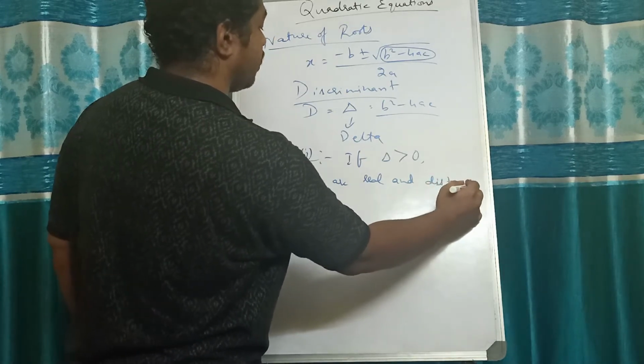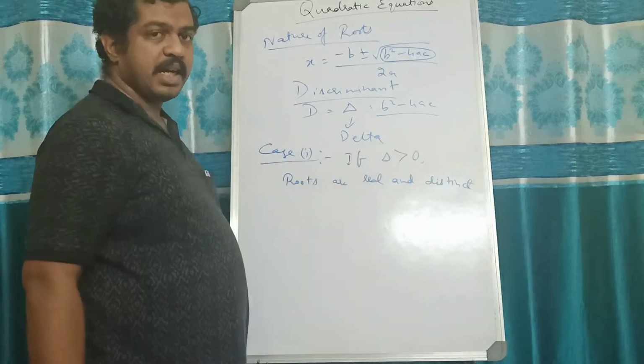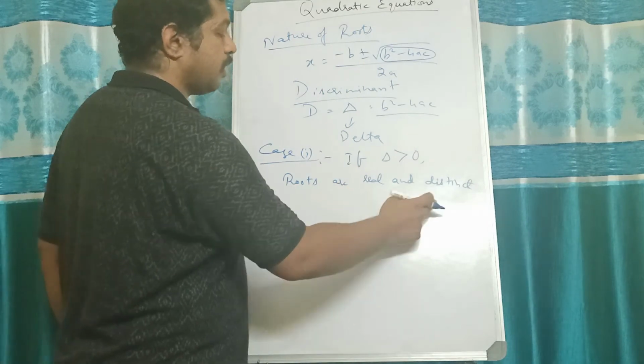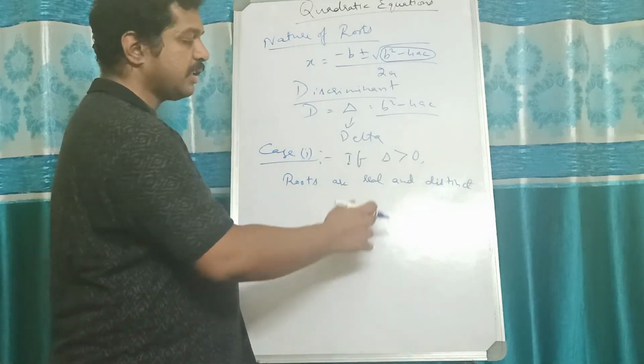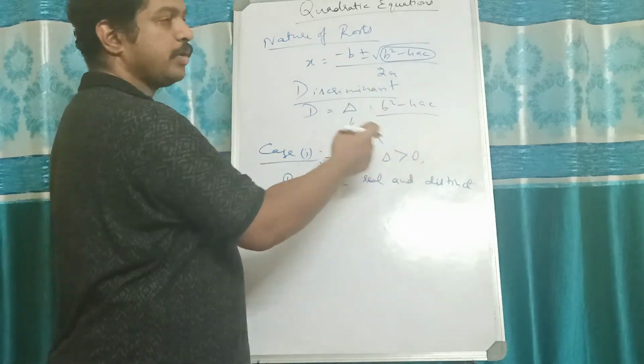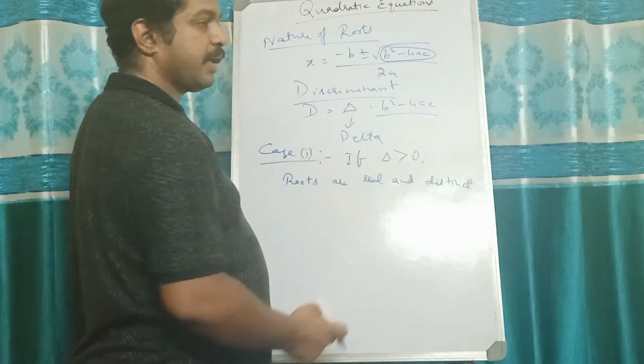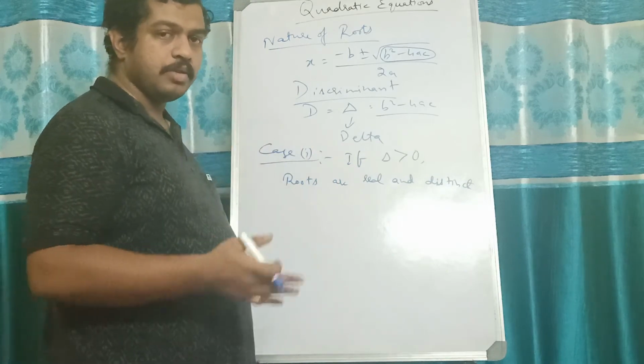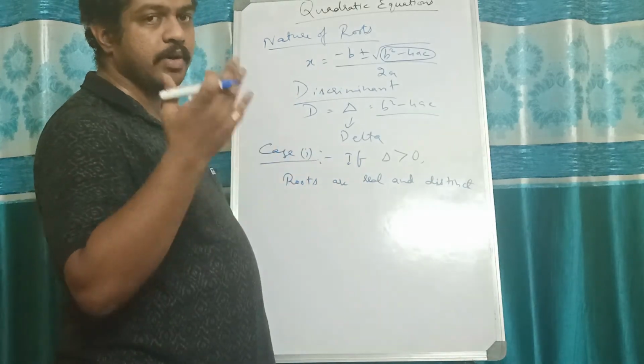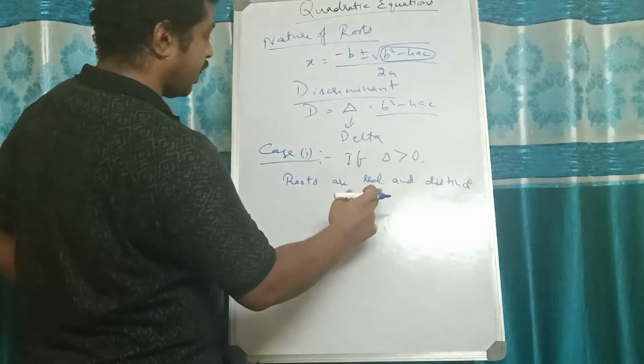That means the roots will be real numbers, and also the roots will be distinct. Distinct means different, so we will get two different values for x.